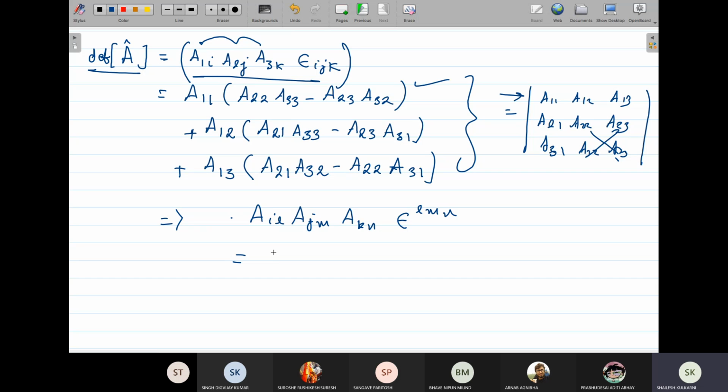This will give me epsilon_{ijk} determinant of A, right?